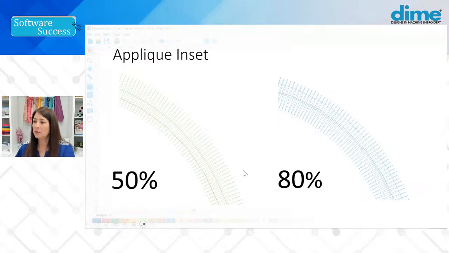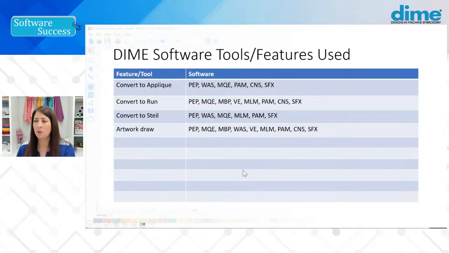Okay. So now the steel stitch is part of Perfect Embroidery Pro, Word Art and Stitches, My Quilt Embellisher, My Lace Maker, Patch and Applique Maker, and Special FX software. The applique, if you just want to convert it to an applique and you've got that option for doing that 80% inset, the Perfect Embroidery Pro, Word Art and Stitches, My Quilt Embellisher, Patch and Applique Maker, Cut and Stitch, and Special FX software.